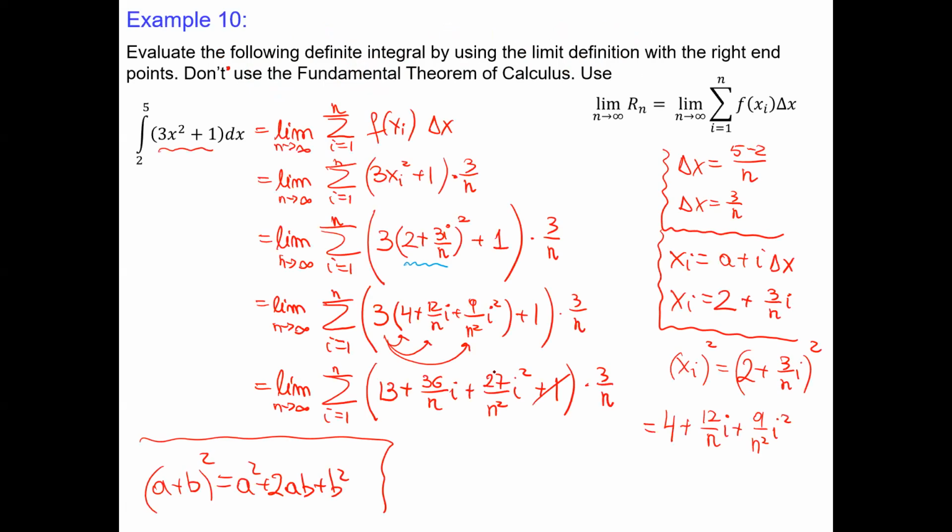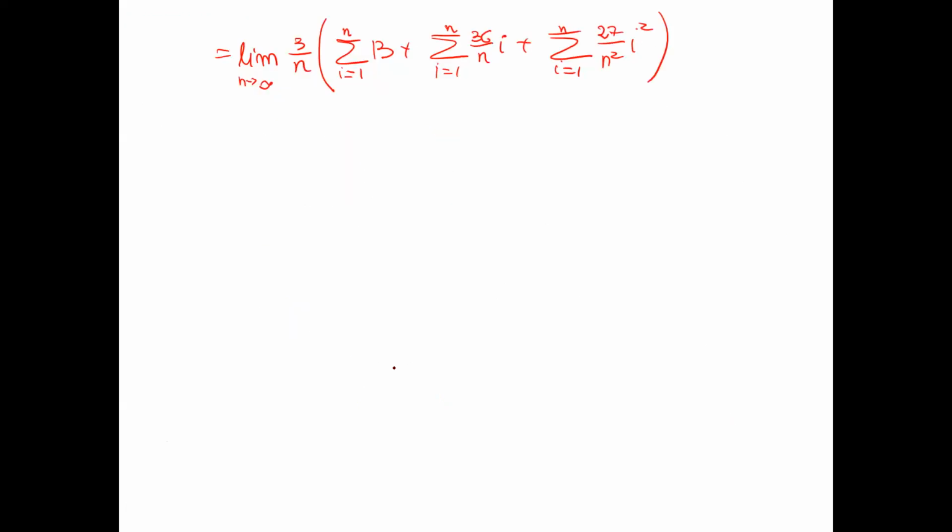If we can check, 27 over n squared i squared, 36 over n i, and 13 because I did add 12 plus 1. Okay, now limit as n goes to infinity.